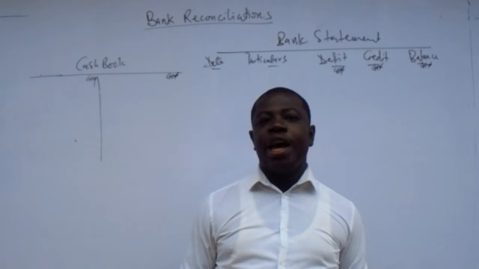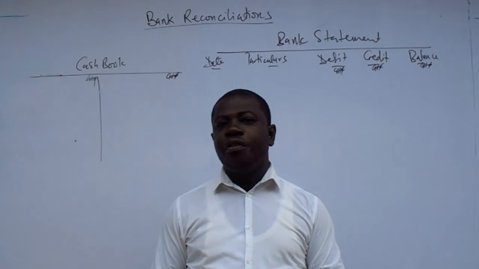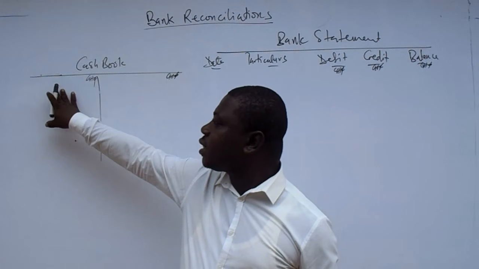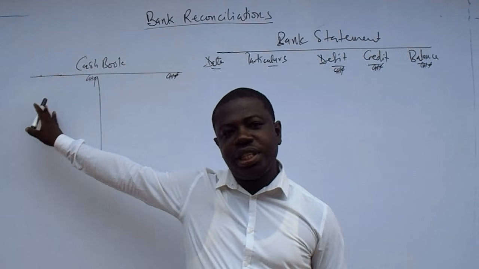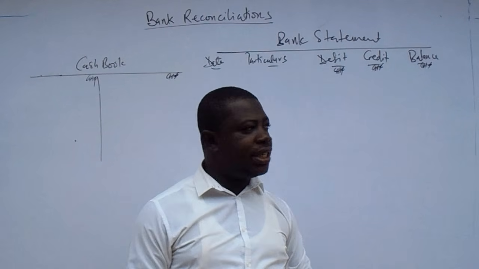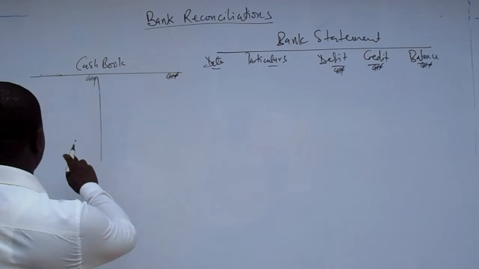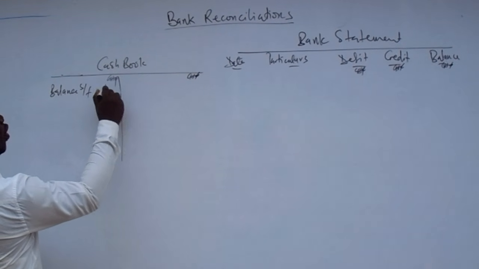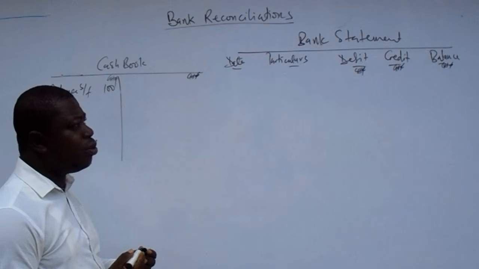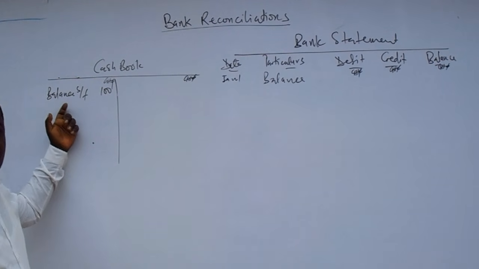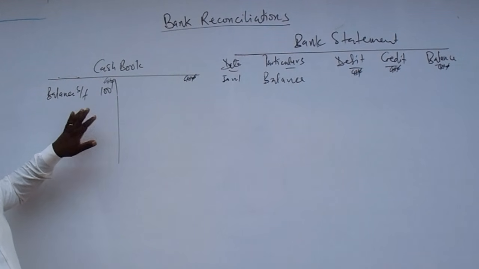the bank statement. And so if at the beginning of the period we have 100 cedis in the bank, our balance in the cash book should show the 100 cedis, and the balance on the bank statement should also show the same 100 cedis. Let's assume that at the beginning of the period there is a balance brought forward of 100 cedis in the cash book.